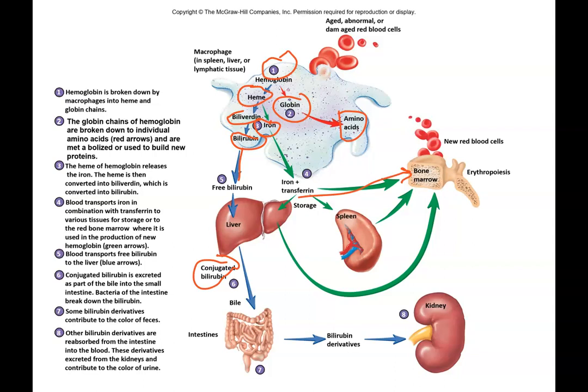Some of the bilirubin is also going to travel to the kidneys, where it's going to be eliminated in the form of urine. So you should know the fate of hemoglobin once the red blood cells is destroyed. You should know what bilirubin is, where it comes from, and how it's eliminated.